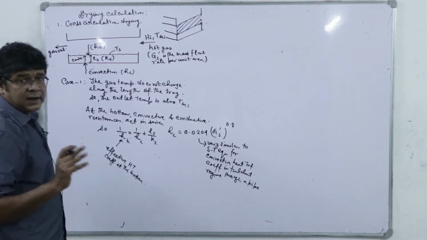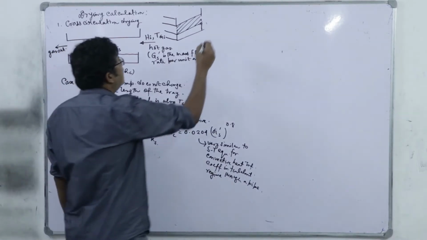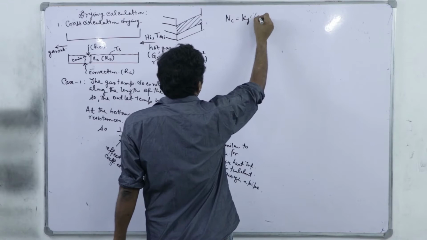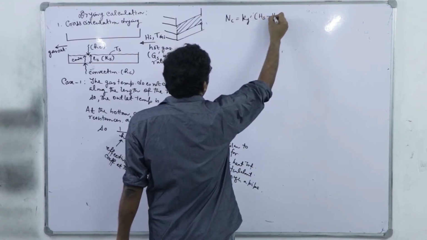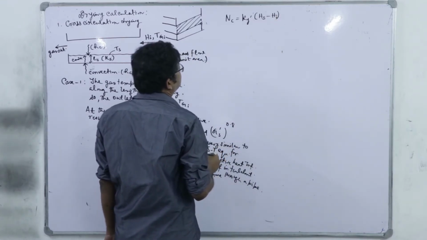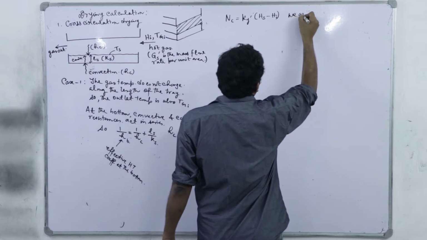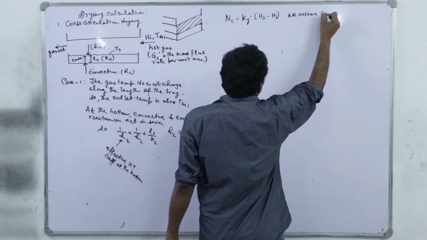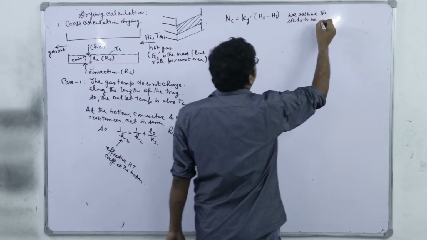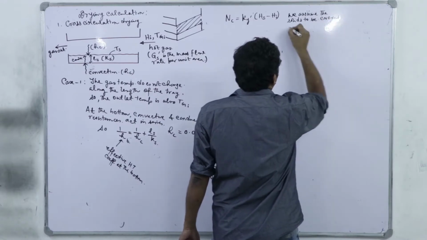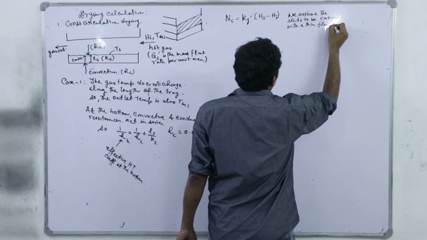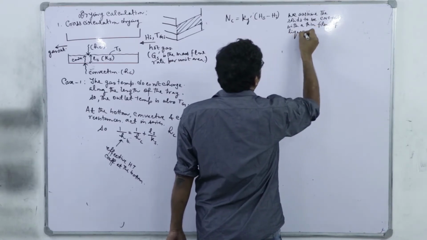Now, what is our primary objective? Our objective is to calculate Nc, and Nc is equal to Ky prime into Hs minus Hi, right, where we assume the solids to be covered with a thin film of liquid, right.